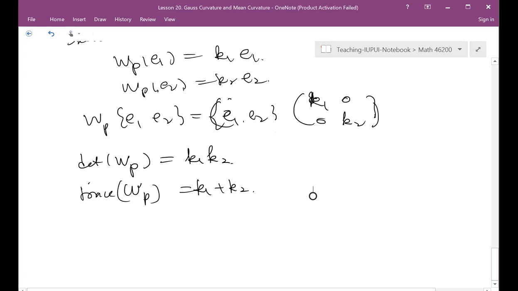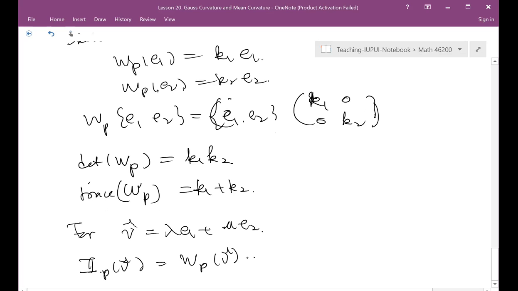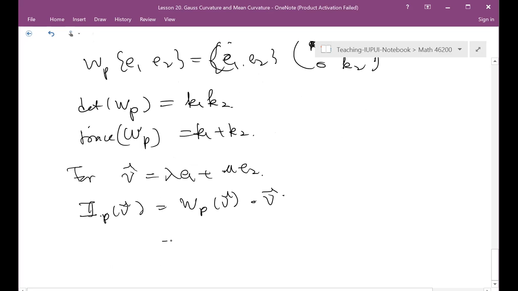So using that, the second fundamental form, this is going to be W P of V dot V. So it's going to be lambda squared K1 plus mu squared K2. So it's completely determined by K1, K2.